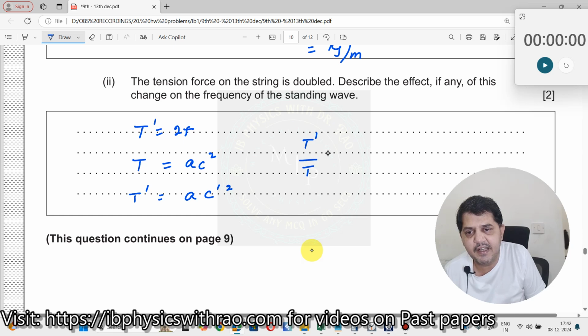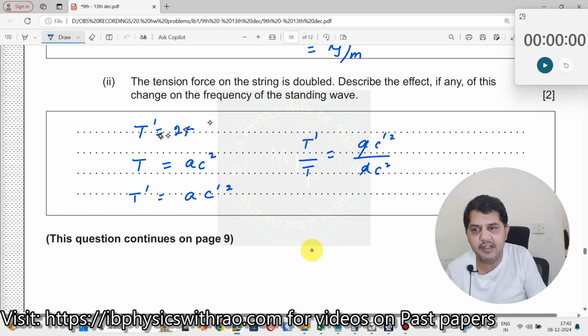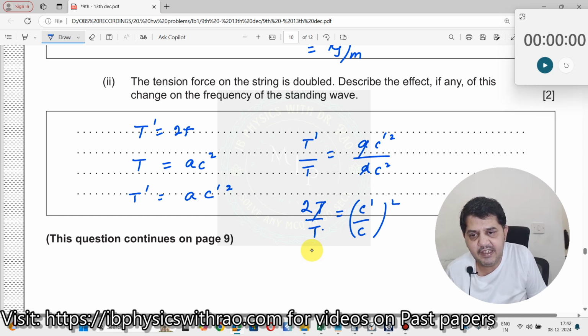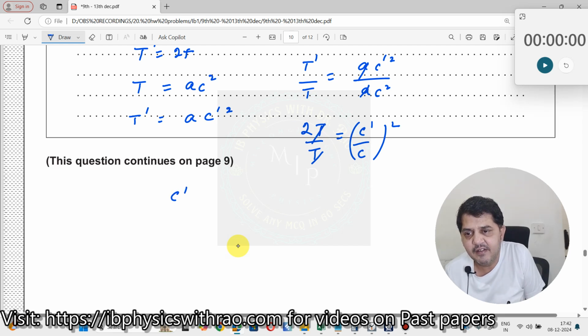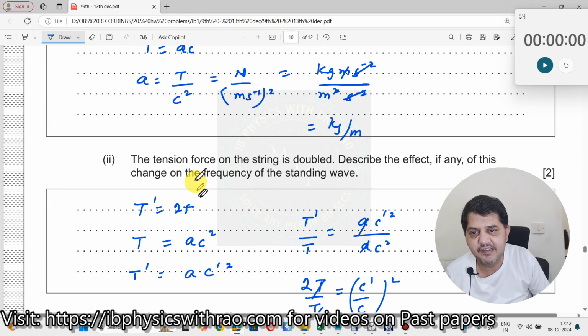T dash by T is equal to A c dash square divided by A c square. A goes away. T dash is double, so 2T divided by T is equal to c dash by c, the whole square. T cancels, you get 2. Thus c dash by c is root 2, so c dash is equal to root 2 times c.